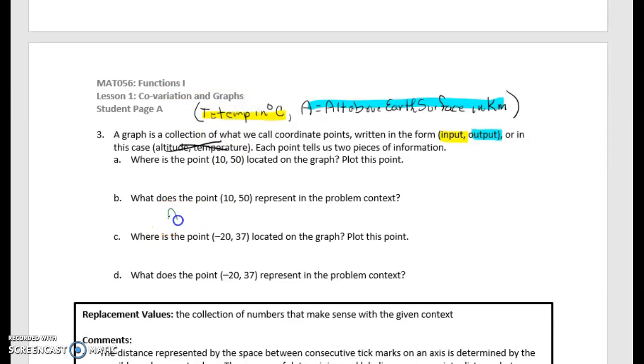So at 10 degrees Celsius, and then my output is blue, the altitude is 50 kilometers above Earth's surface. So again, we have an input and we have our output.